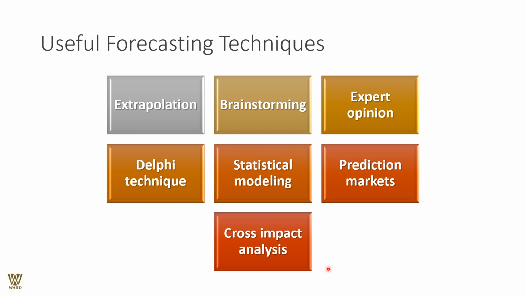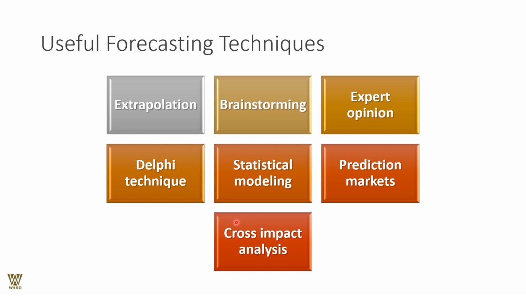In extrapolation, with the trend, we just extrapolate it, and in brainstorming we sit together and look for viable options. For expert opinion, we can refer to an expert and get his or her feedback. For the prediction market, we can look at the advanced economies and how the product market has been working. Statistical modeling can be done on a lab basis, looking at opportunities and options of what might eventually happen.